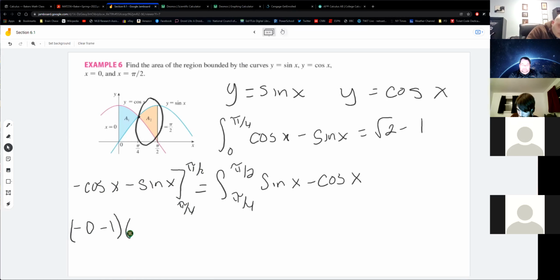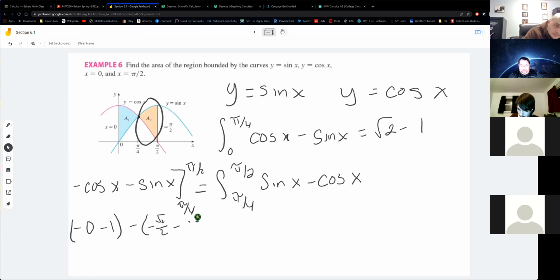And then we got our cosine of pi over 4, which is going to be negative square root of 2 over 2. And sine, which is also going to be, oh, sorry, positive sign. I forgot my negative sign. Minus negative square root of 2 over 2.